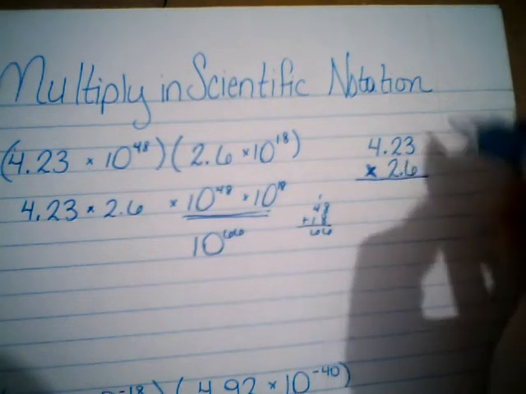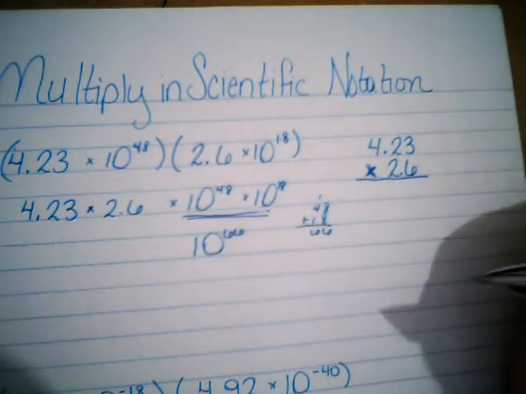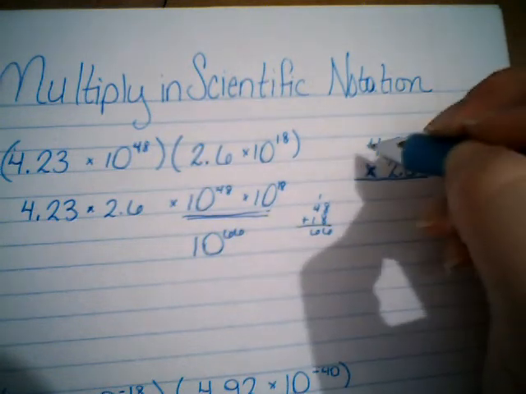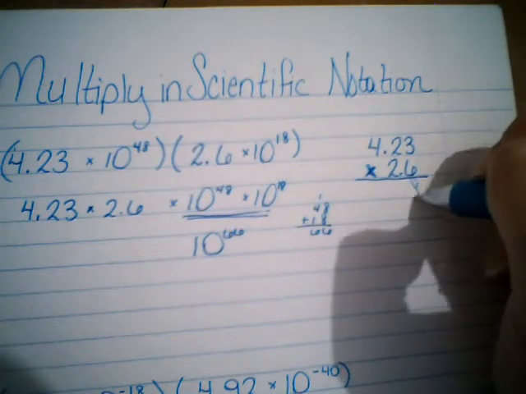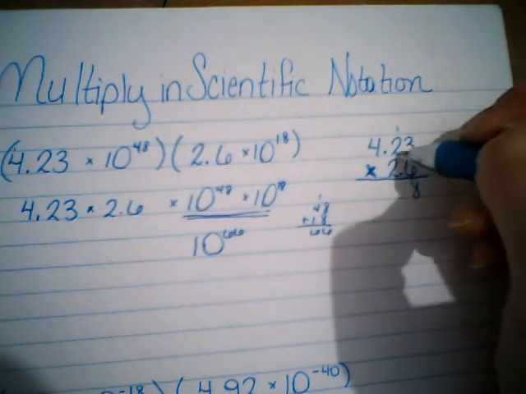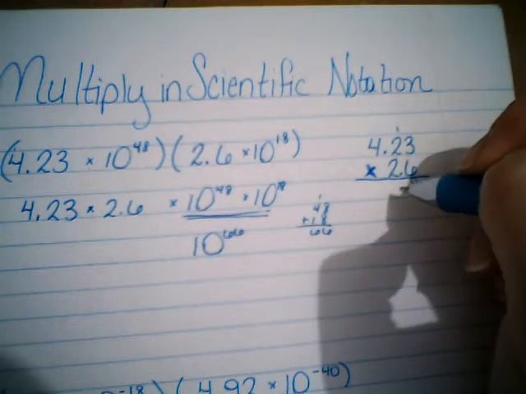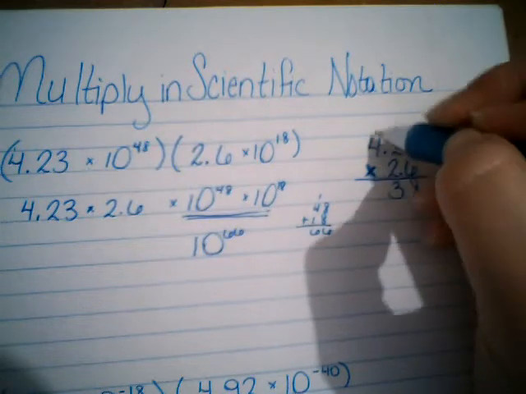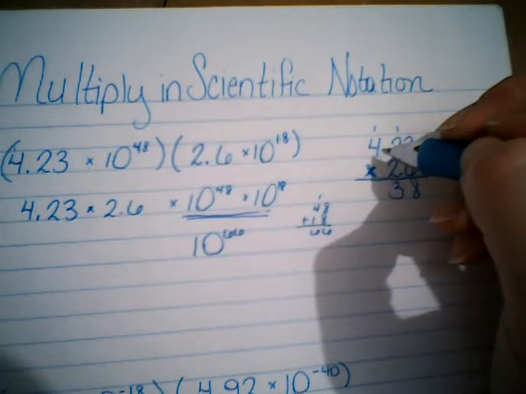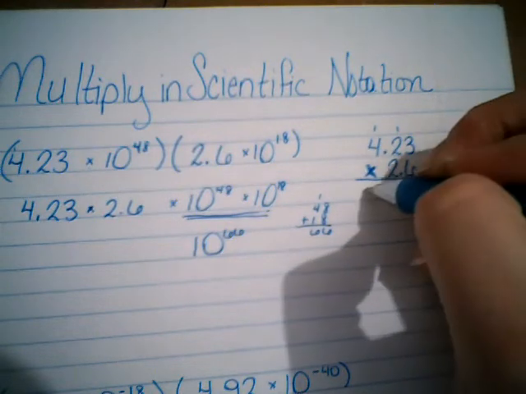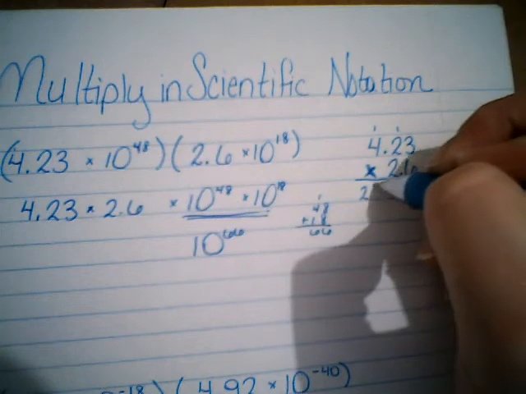In multiplication, you will ignore the decimal until the end. So we're going to multiply this like it's a 3-digit times a 2-digit. So 6 times 3 is 18, carry the 1. 6 times 2, that's 12, plus 1 is 13, carry the 1 again. 6 times 4 is 24, plus 1 is 25.